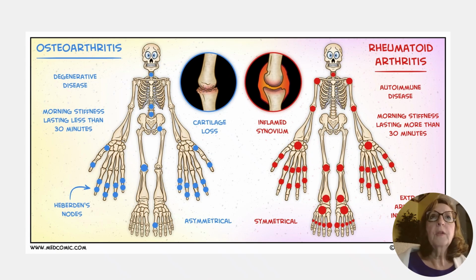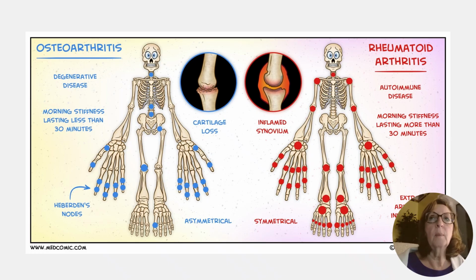All right, so for this slide, this is a great slide for you to be able to determine what the differences are between osteoarthritis and rheumatoid arthritis. When we talk about these differences, there's different causes. So when you look at rheumatoid arthritis, there's an inflammation around the joint area.